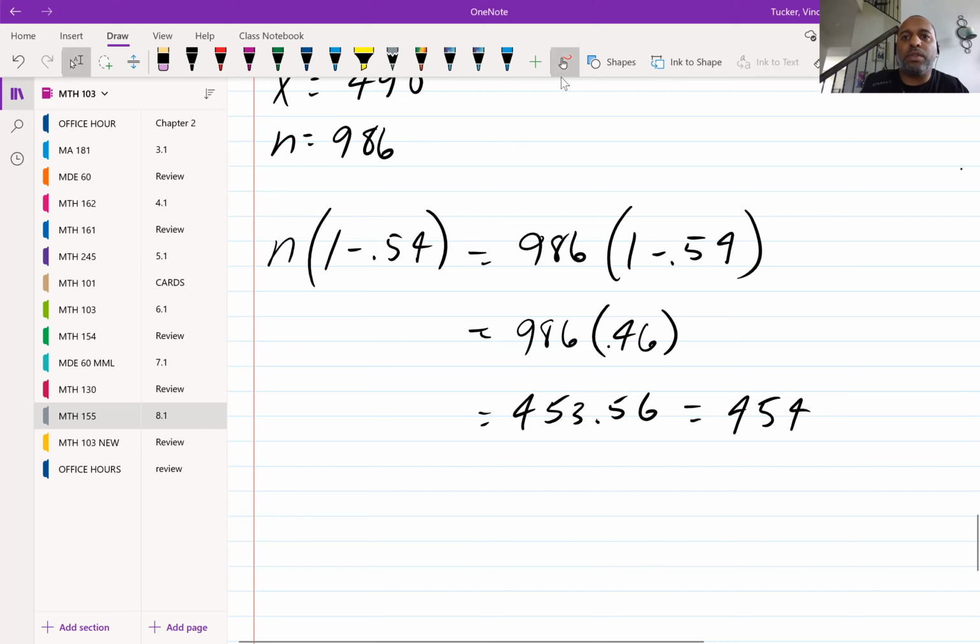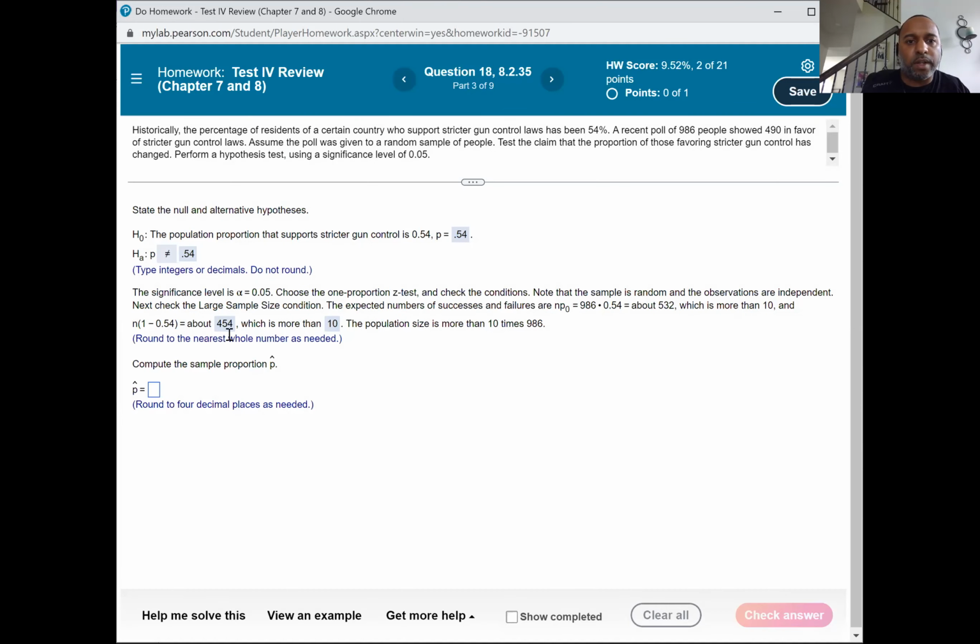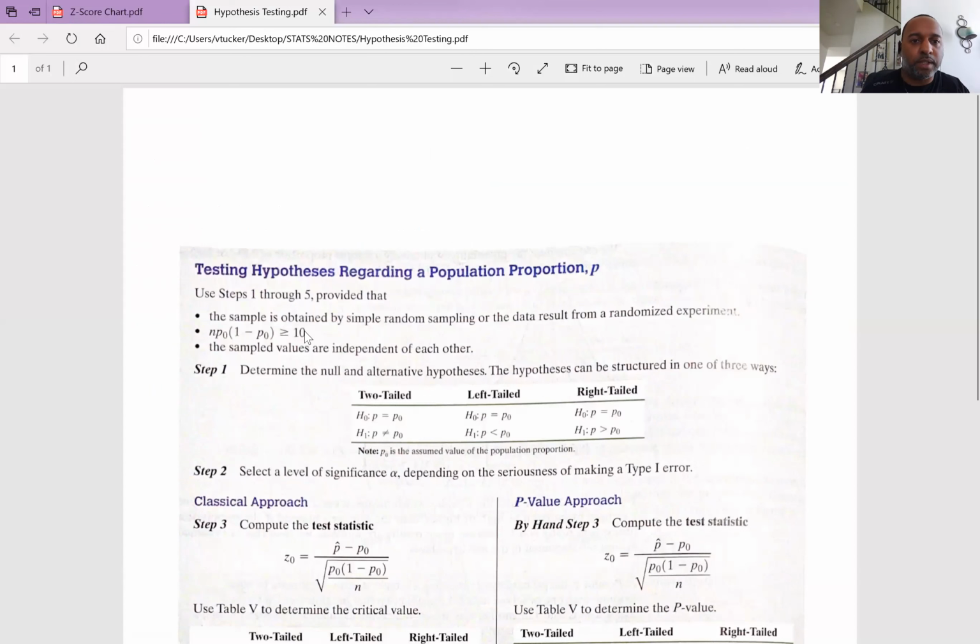Let me just show you. Right here, 454, it said round to the nearest whole number, and then it said which is more than 10. That's your initial condition, going back to your steps. Notice it had to be more than 10. So that's where that 10 came from.